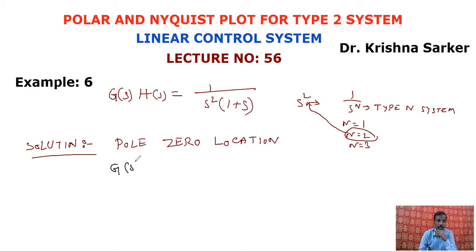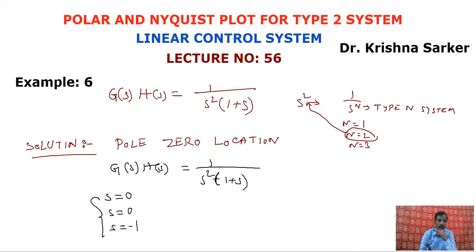The given transfer function G(s)H(s) equals 1 by s square into (1 plus s). That means s equals 0, one pole, s equals 0, another pole, and s equals minus 1. The pole locations are s equals 0, 0, and minus 1.